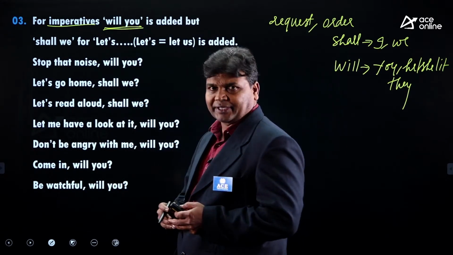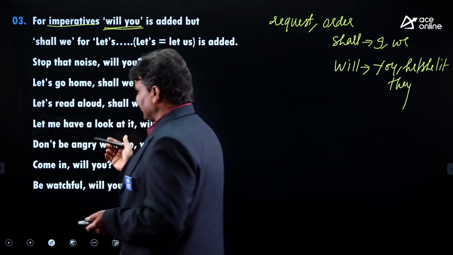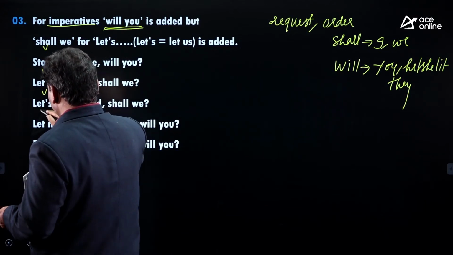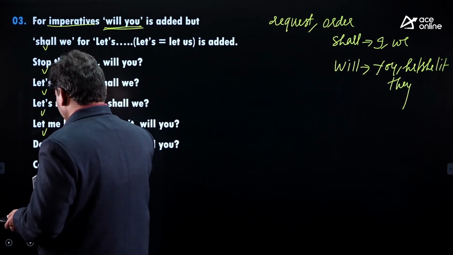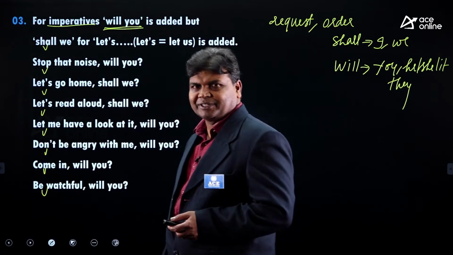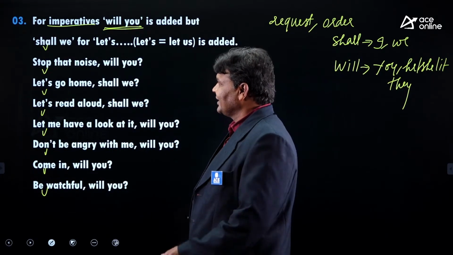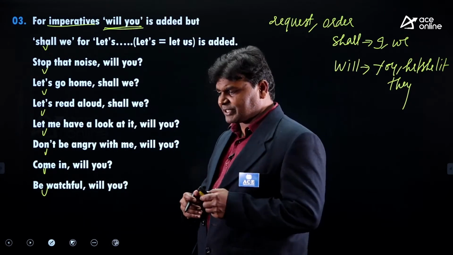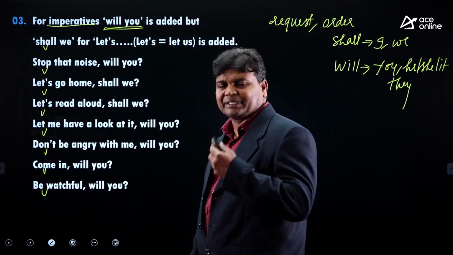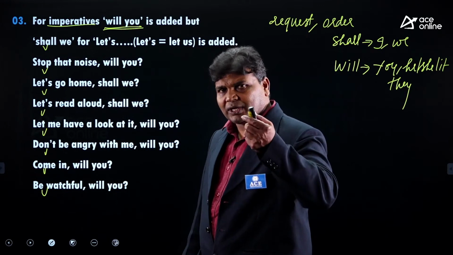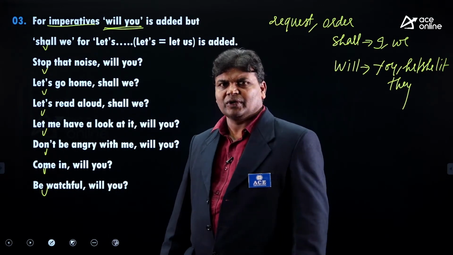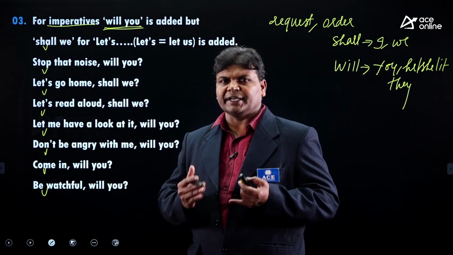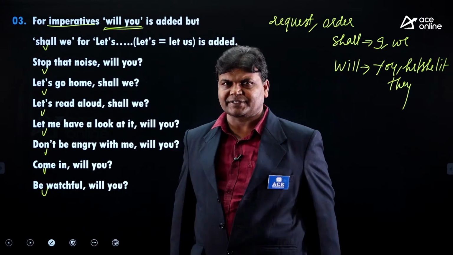Stop that noise. Generally imperatives always begin with a verb. They always begin with the verb itself. There is no subject there. Stop that noise, will you? Now you will ask me, sir, why not won't, why not something else? Have you learned the modal verbs? One of the uses of will is expressing politeness.